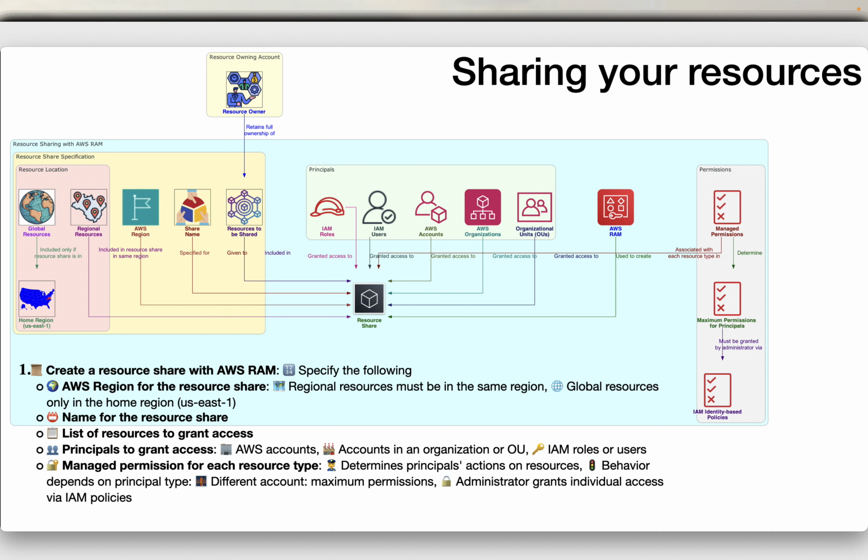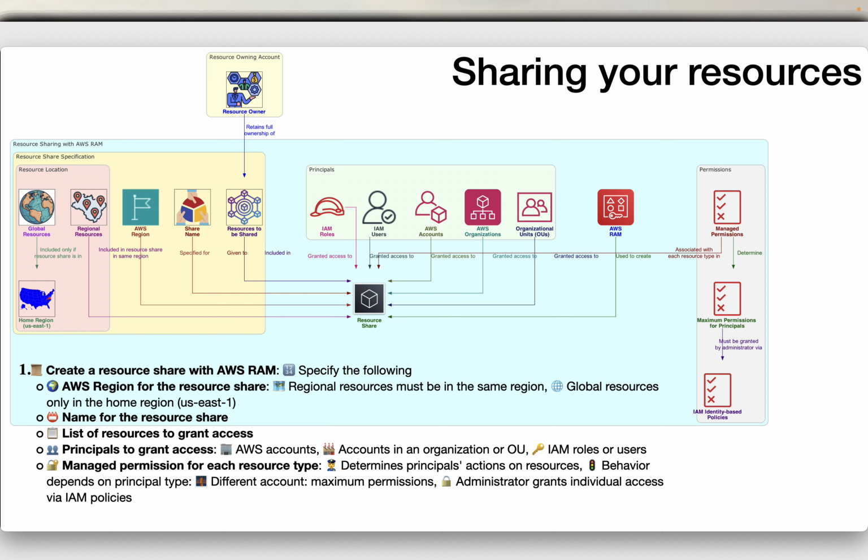Next, you will provide the principals to which you grant access to the resource share. So principals can be individual AWS accounts, the accounts in an organization or organizational unit in AWS Organizations, or individual AWS Identity and Access Management roles or users. Then you provide a managed permission to associate with each resource type that you include in the resource share.